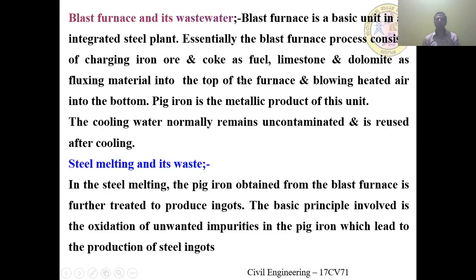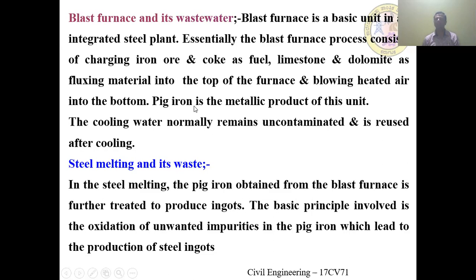Third part is the blast furnace and its characteristics. The blast furnace is a basic unit in an integrated steel plant. Essentially, the blast furnace process consists of charging iron ore and coke as a fuel, along with limestone and dolomite as the fluxing material, into the top of the furnace and blowing hot air into the bottom.